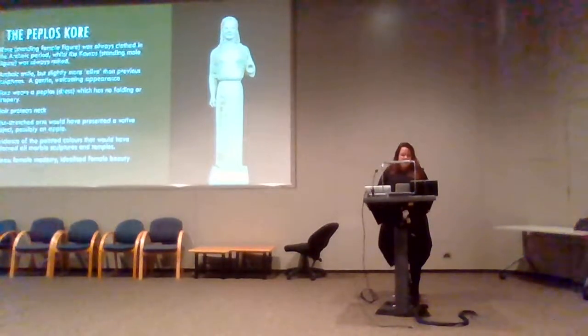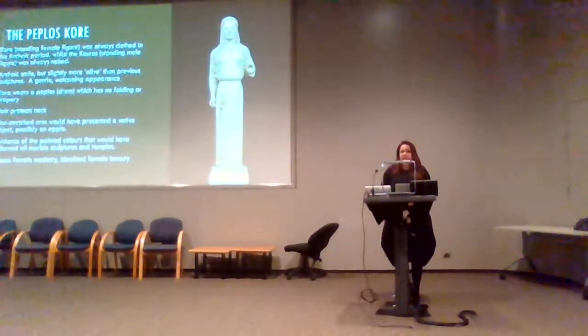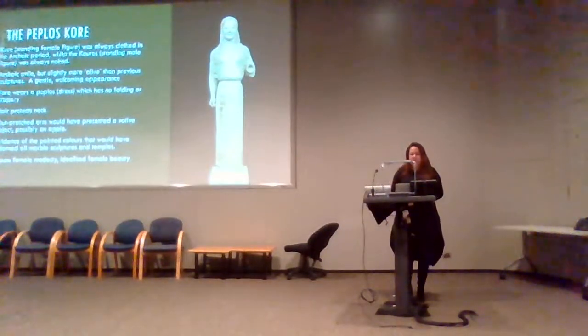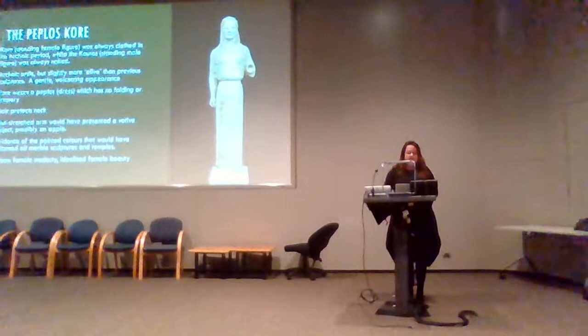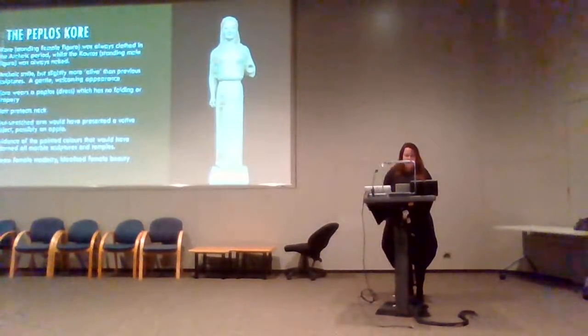And she has her archaic smile, but you can see that it's a little bit less aggressive in its smiling, and it's more gentle and welcoming. In fact, she's, I think, very beautiful, and you can see that she was once painted. It's very hard for us to accept that these beautiful white marble objects were once very garishly painted, but we know that they were.